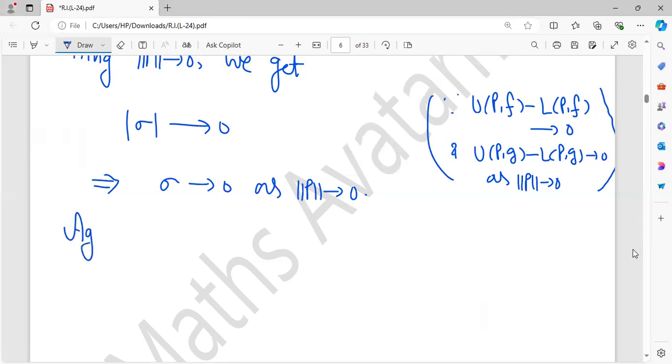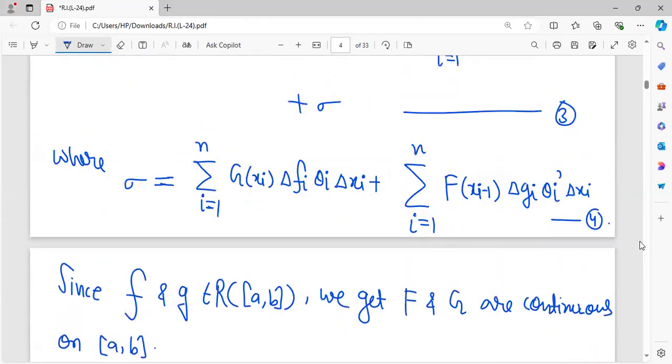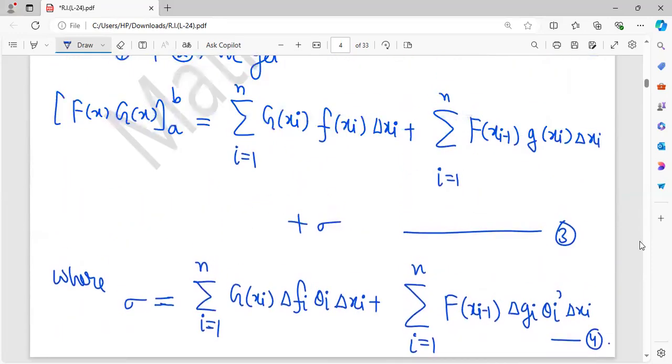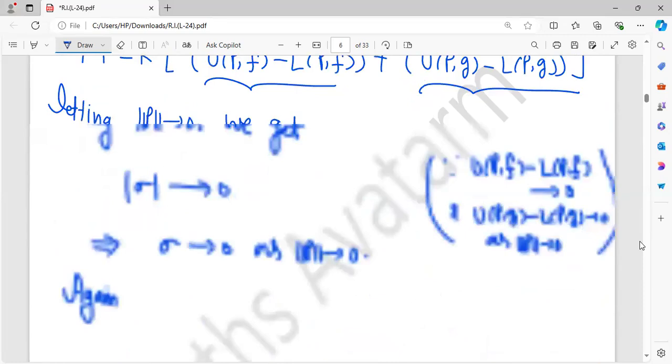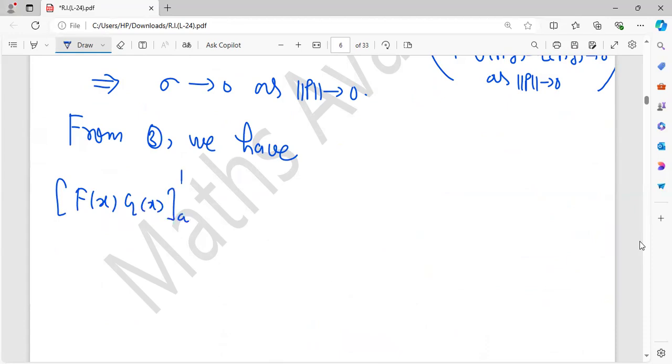Now again, what is equation number 2? Now from equation 3, we have the integral of fx gx from a to b.